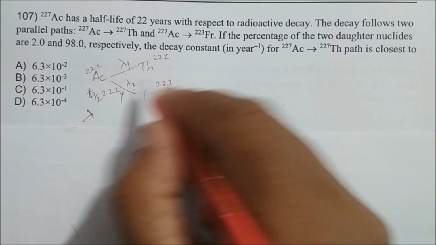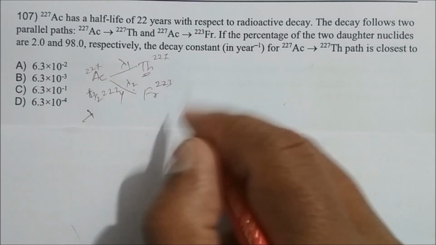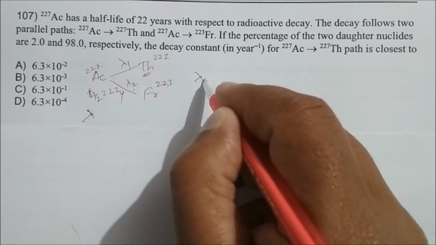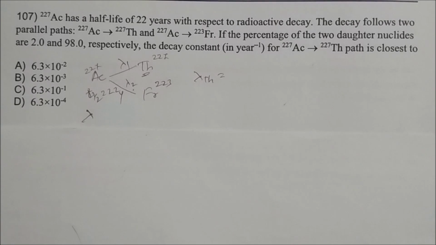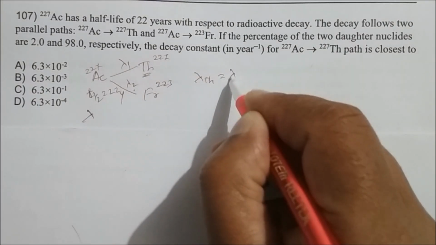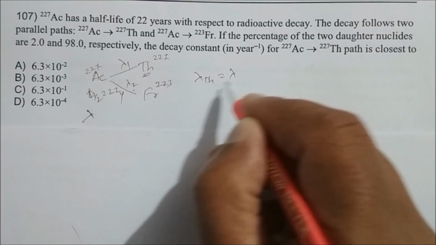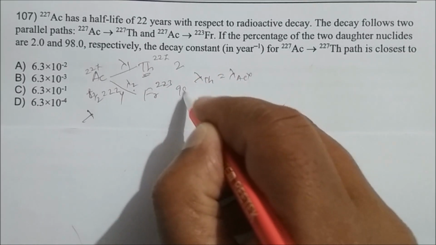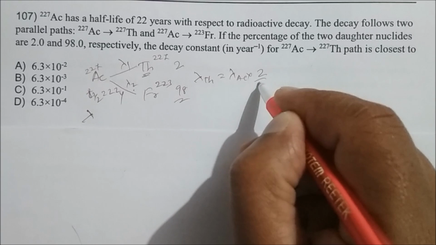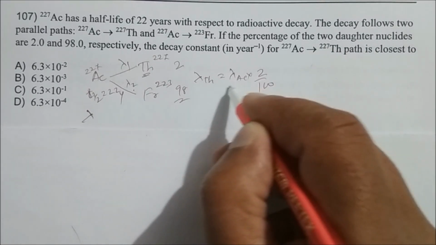Now they are asking for the path of thorium. So lambda 1 for thorium will be equal to lambda of actinium into the percentage, 2 by 100, since this is 2% and this is 98%. Now lambda of actinium is how much?